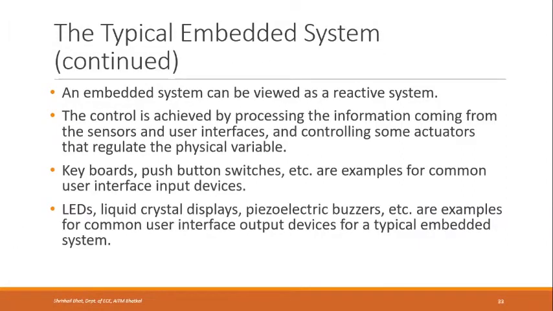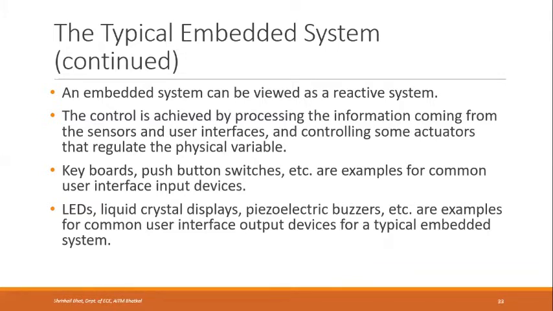Normally these embedded systems, as seen in the previous case, are reactive systems. Reactive systems means there will be some action happening and the embedded system will react to that. That action may be some change in some parameters which are detected by the input ports, that is sensors. It could be some change in the temperature, or some particular action that has happened, after which the embedded system has to react.